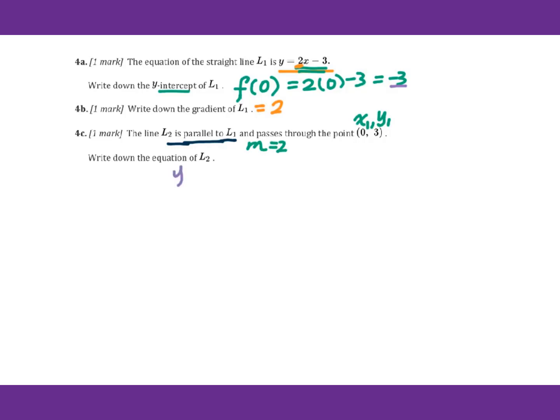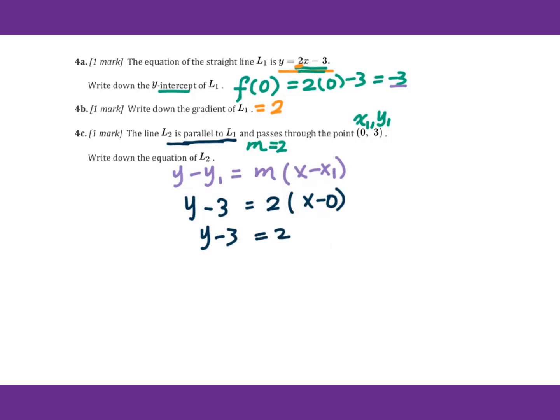We use y minus y1 equals slope times x minus x1. You can get the equation y minus 3 equals 2 times x minus 0. So we organize: y minus 3 equals 2x. Leave as it is.